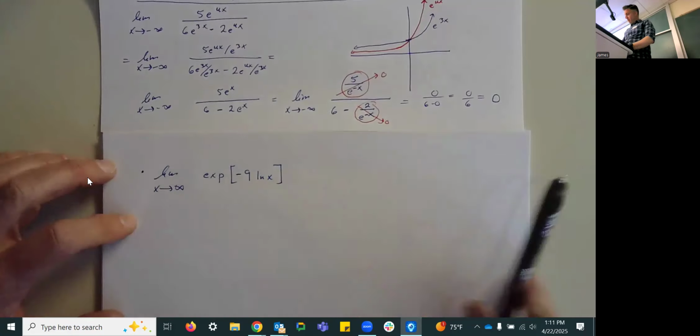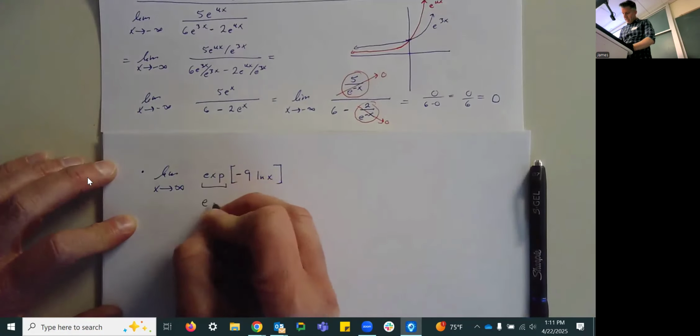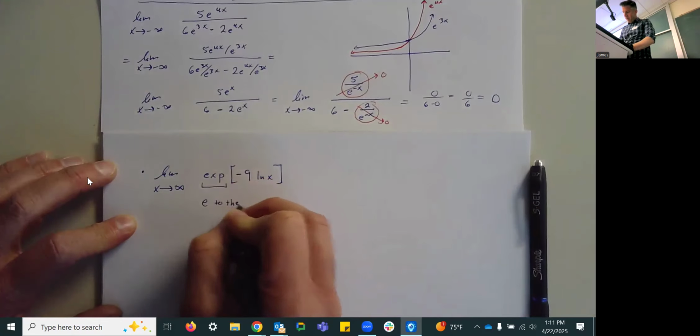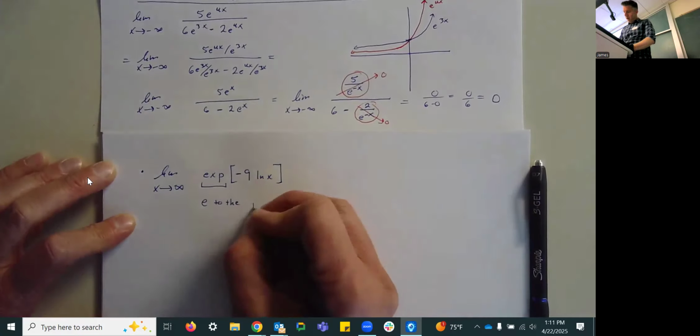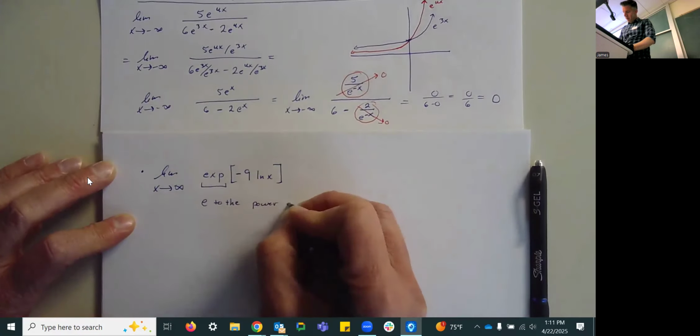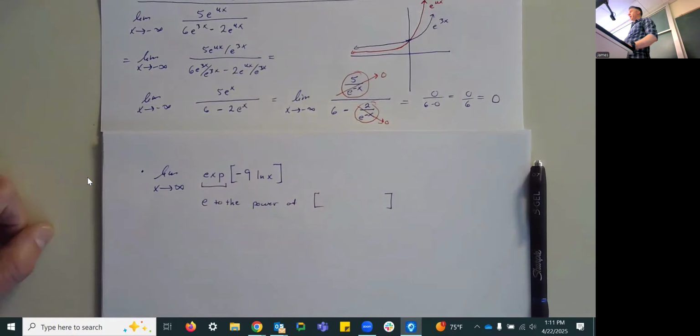Specifically, exp, what this means is e to the stuff in the bracket. E to the power of whatever's in the bracket. It's just notation that makes it easier to write it out. Like if you're typing stuff, it's much easier to type exp bracket than it is e to the thing.